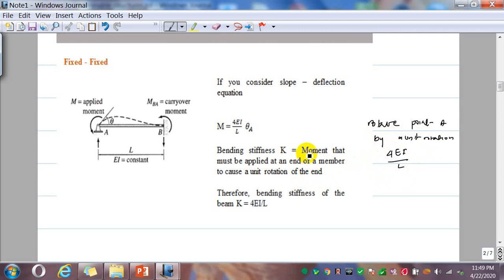So bending stiffness K is equal to the moment that must be applied at an end of a member to cause a unit rotation. So if you look at this beam, the bending stiffness of the beam is 4EI over L.